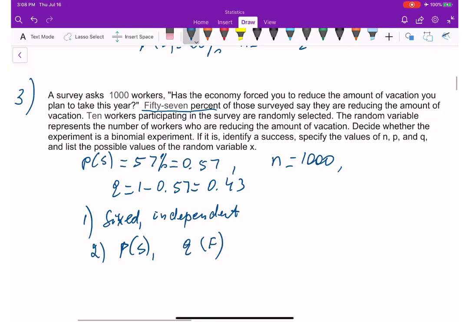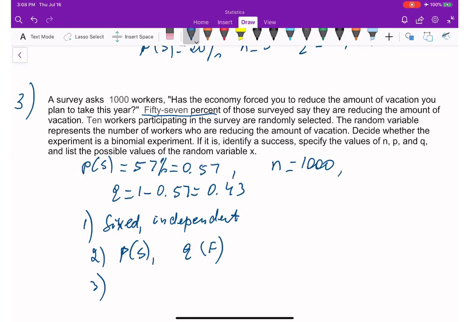Okay, question number 3. The probability of success is the same. The percentage is going to be the same because 57% of those surveyed said they reduced the amount of vacation. So every time you're asking, there is a 50% chance, right? Either you reduced or you didn't reduce.